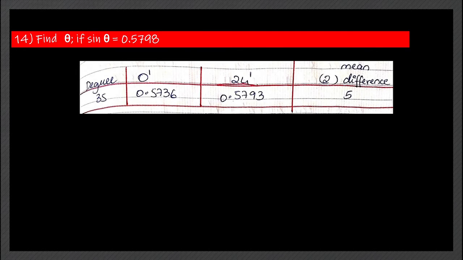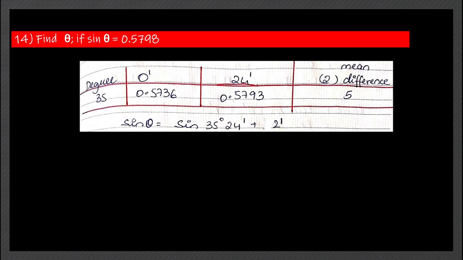Now let's find the angle if the value is given. So I have taken the table, and you might already know, since I have displayed the degrees as 35 degrees over here. Under 35 degrees, the corresponding value for 35 degrees 24 minutes we will get as 0.5793. Since it is sine, both get added up. So we require 5 more. When we correspond to the mean difference 2, we will get 0.0005, which is our mean difference.